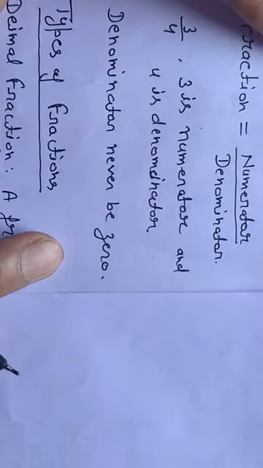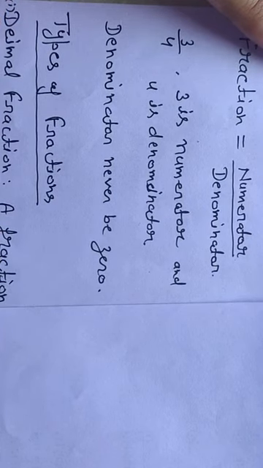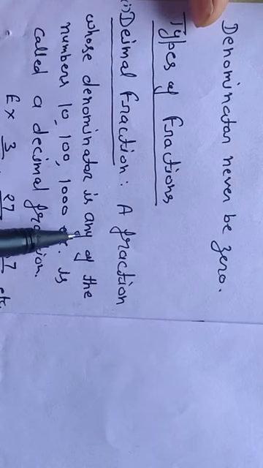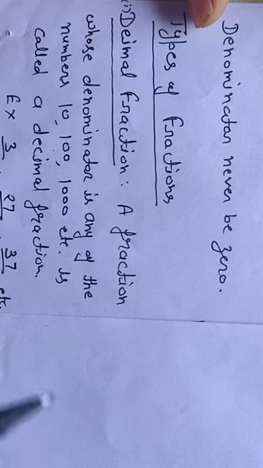Now we will discuss the types of fraction. First is decimal fraction. What is decimal fraction? A fraction whose denominator is 10, 100, 1000 and so on is called decimal fraction. So the definition is: a fraction whose denominator is any of the numbers 10, 100, 1000, 10,000, lakh is called decimal fraction.